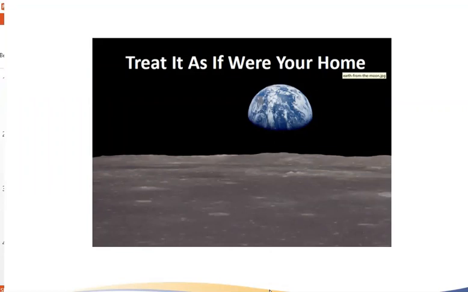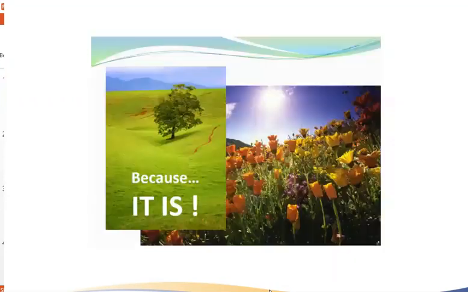And it also provides us with protection from most of the UV radiation coming from the sun. So it behooves us to take care of that atmosphere and not use it as a garbage can. So treat the Earth as if it were your home, because in reality, it is.